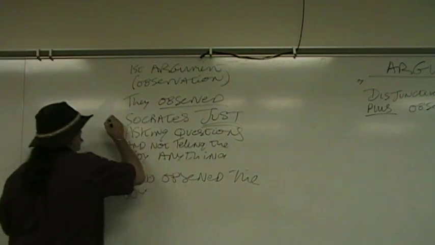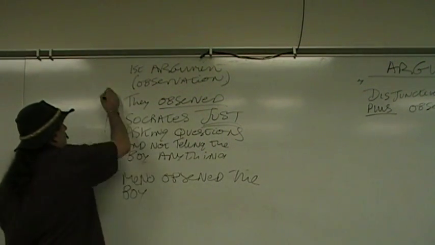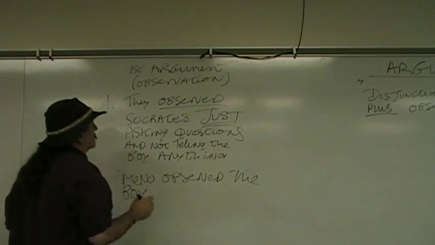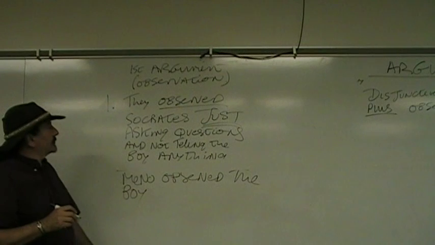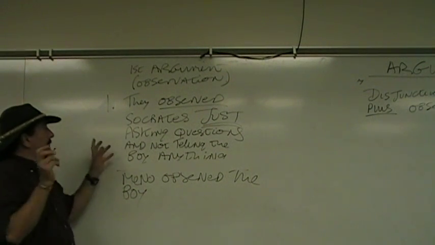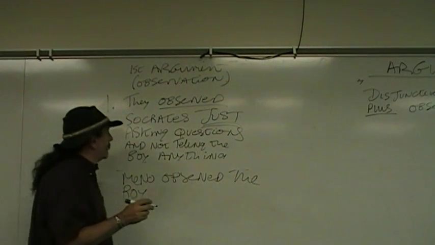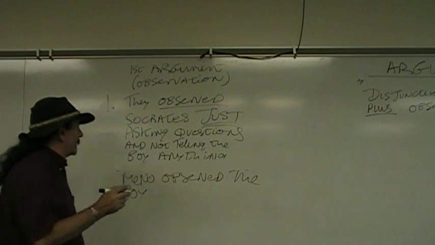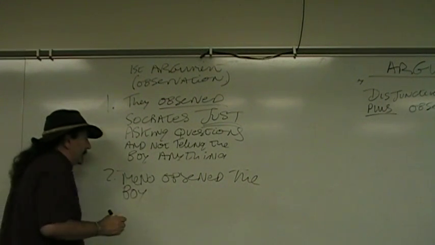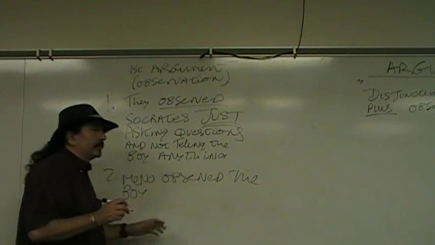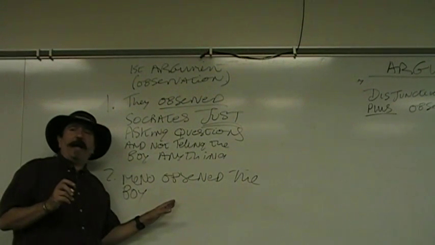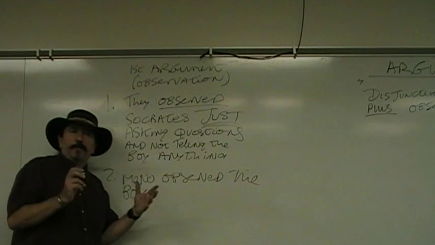So, first premise: they, meaning Meno and Socrates and anybody else who was hanging around, observed Socrates just asking questions and not telling the boy anything. And then Meno said that the kid was born in the house, meaning he was part of that household.